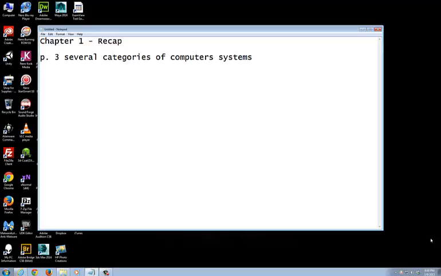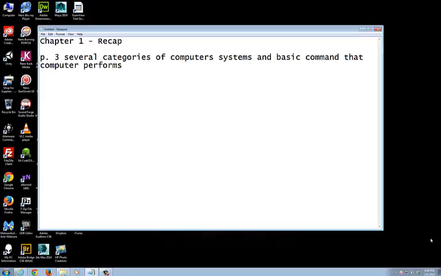At the bottom, where it says elements of the computer system, I need you to understand that the computer performs different types of basic commands, or basic operations, that a computer system performs.